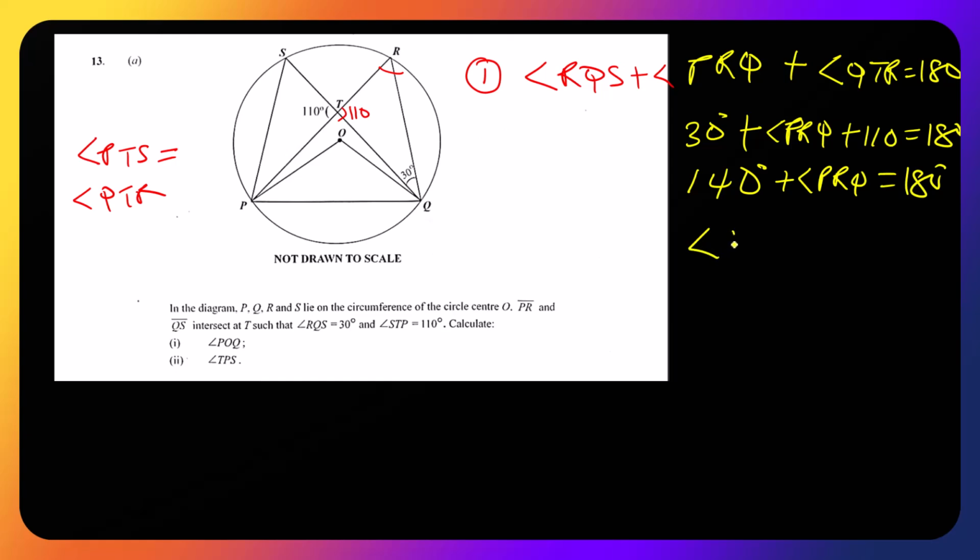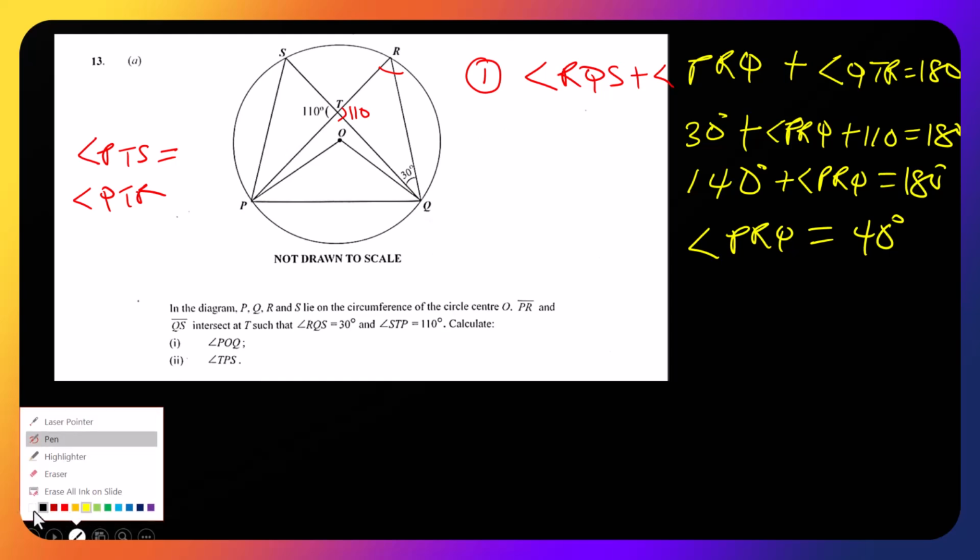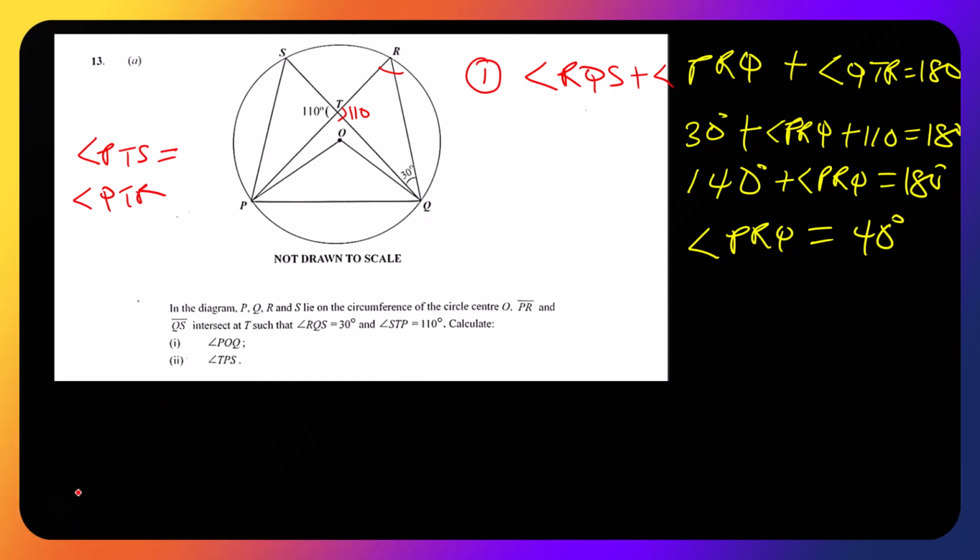Therefore, angle PRQ equals 180 minus 140, which is 40 degrees. So this side is now 40, and this side will be 40. So 30, 40, 110 gives 180.